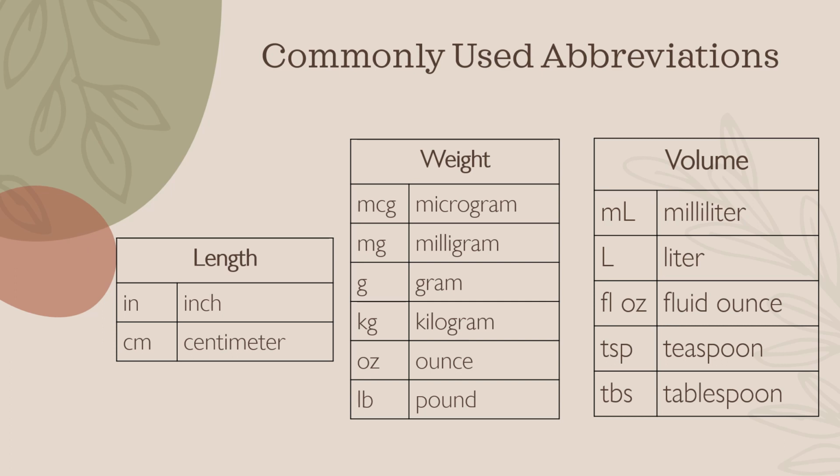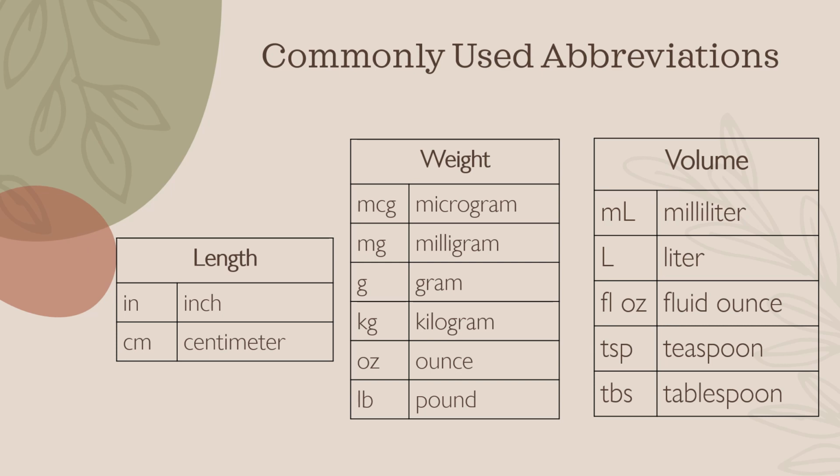We also see ounces as OZ and pounds as LB. For volume, we see milliliters or ml, liter or a big capital L, fluid ounces or FLOZ, teaspoons as TSP, and tablespoons as TBS.